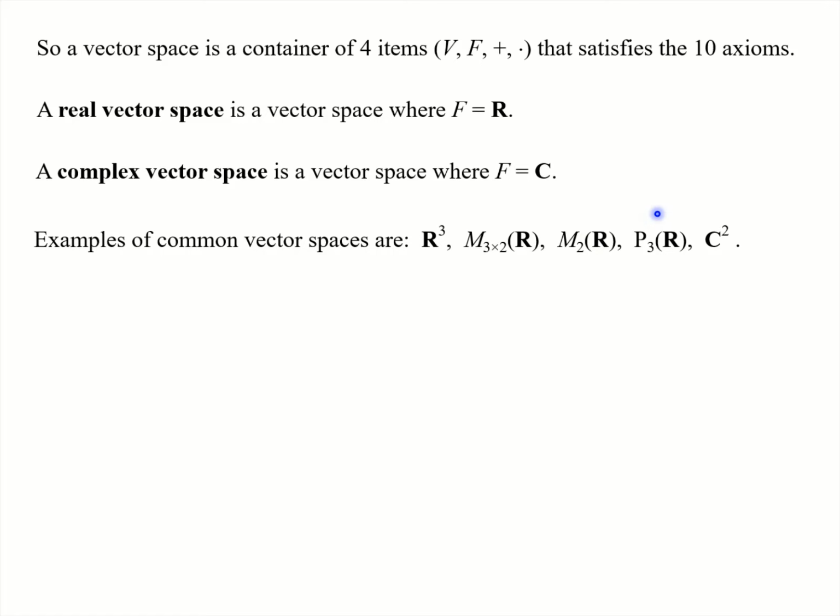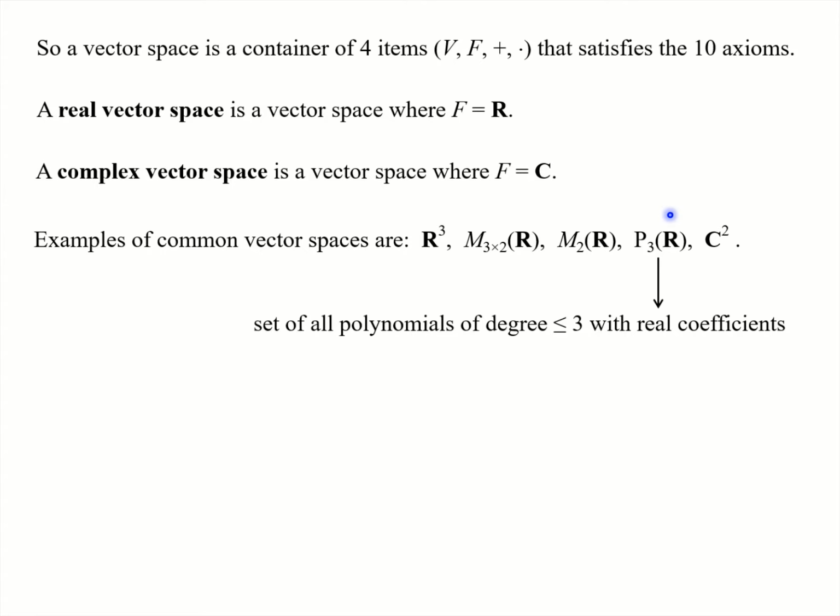P3R. What is that? Oh, I got to get back to this. This little r here means that the entries of your matrix, the elements of your matrix, are real numbers. And same with this. M2R means the elements of the 2x2 matrix are real numbers. So what's P3R? It says the set of all polynomials of degree less than or equal to 3 with real coefficients.